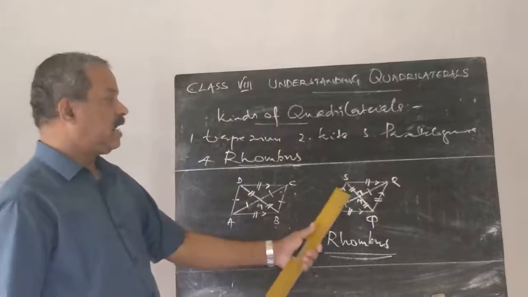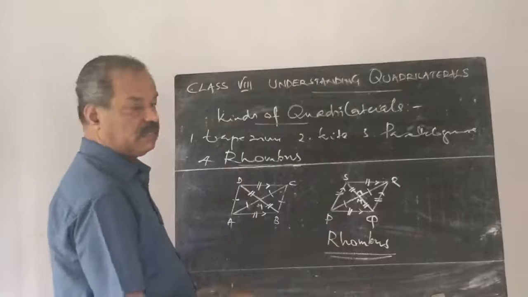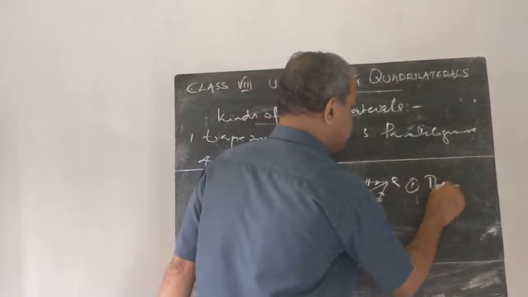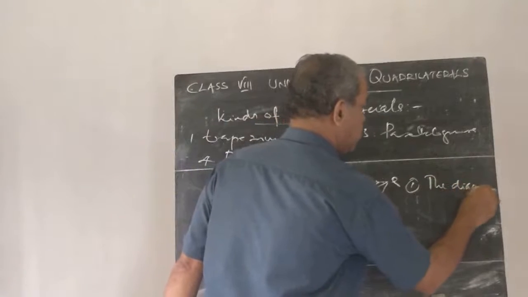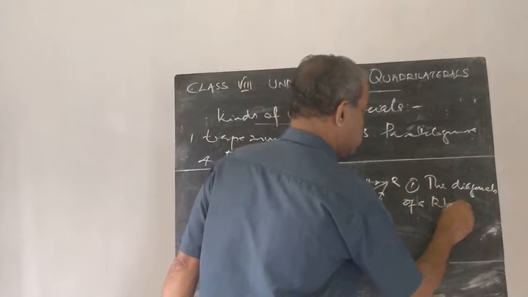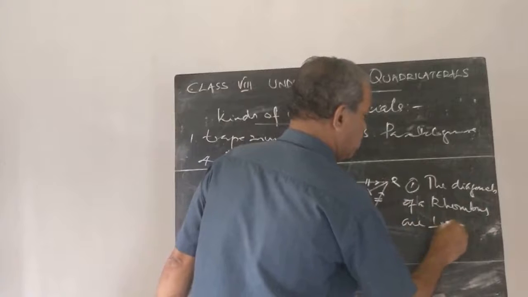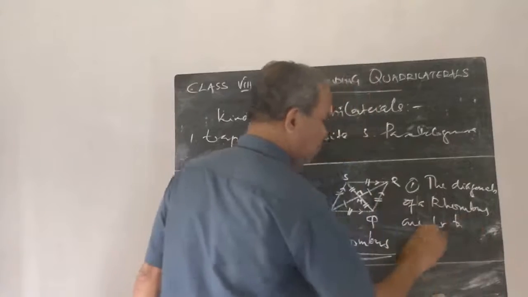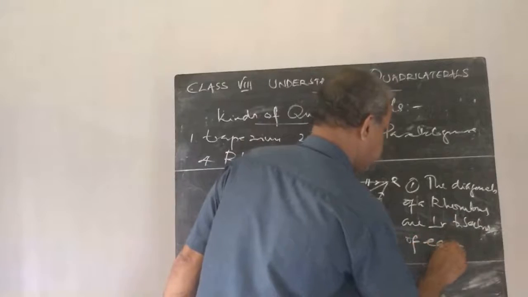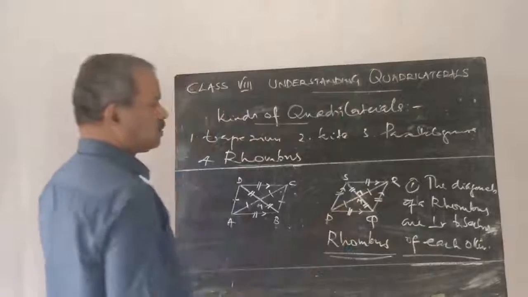That is, the diagonals of a rhombus are perpendicular bisectors of each other. So, property of the rhombus: the diagonals of a rhombus are perpendicular bisectors of each other.